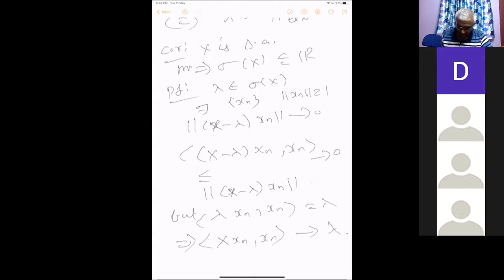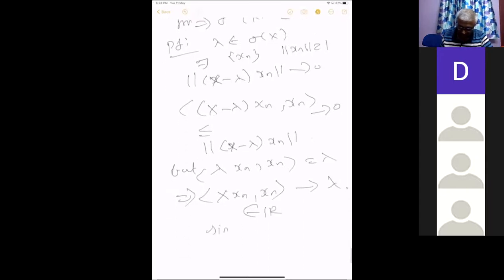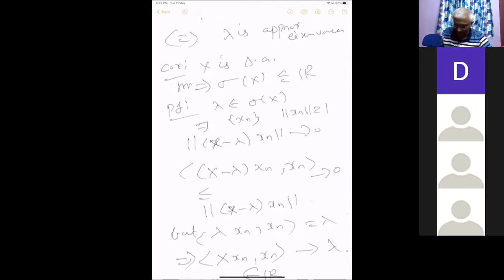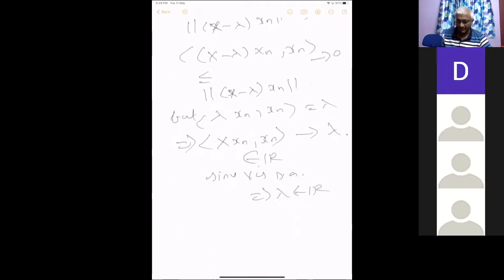But since X is self-adjoint, this is real. We already proved that X is self-adjoint if and only if this quadratic form is real. So real numbers are converging to lambda, which implies lambda is real. So we have proved that if lambda is in the spectrum of X, then it is real.